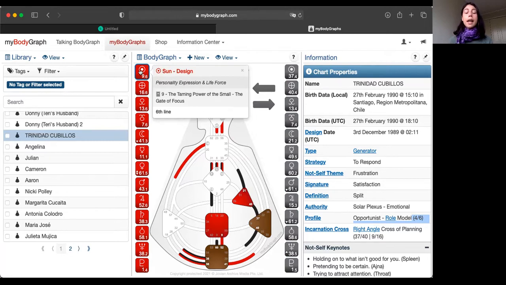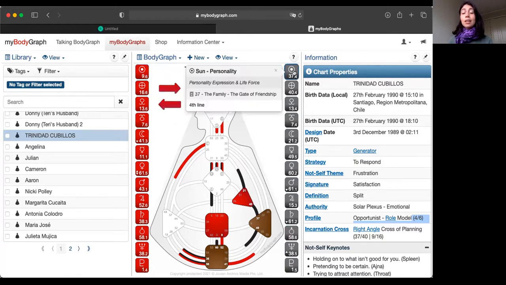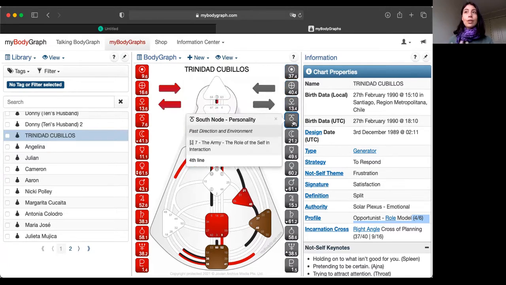And so you're going to have activations, gates that are lit up in the unconscious part of you, the design, and there's going to be others that are lit up more consciously, and that's going to have to do with some things that are more natural to you that you kind of do without noticing, and then some other things that you recognize more in yourself.